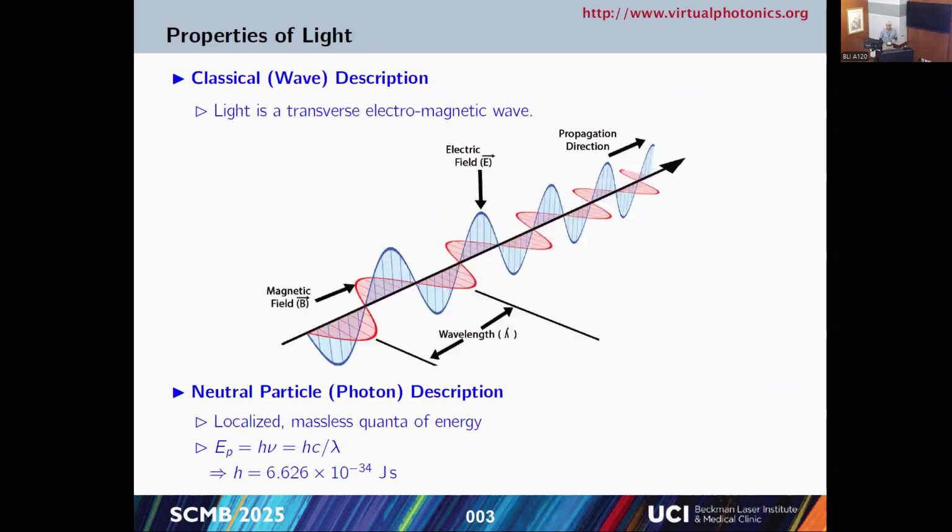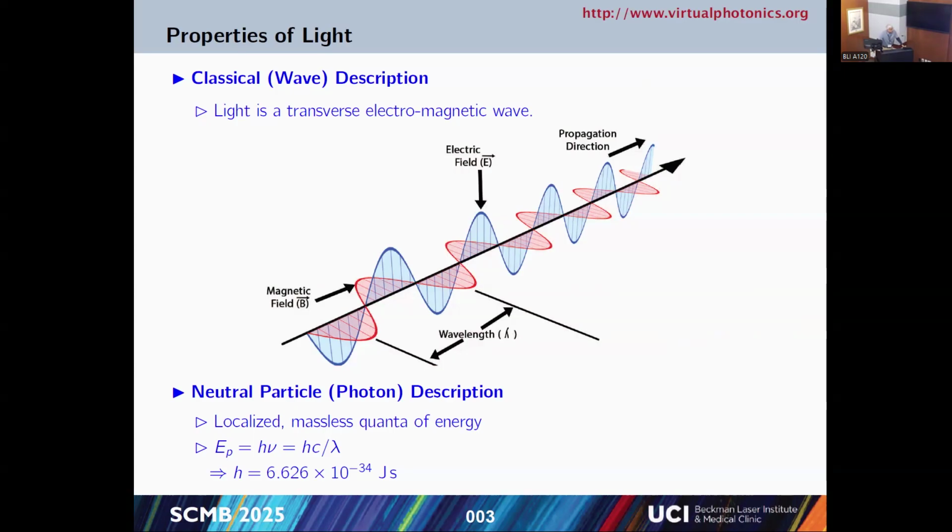Okay, so starting very basic, I'm going to be doing things that maybe you saw in high school. So just a reminder, right? Light can be thought of within two constructs, rigorously in a classical sense. Light is a transverse electromagnetic wave, right? So light travels in a propagation direction, and there are oscillations both in electric field and magnetic field, which are mutually orthogonal to that propagation direction.